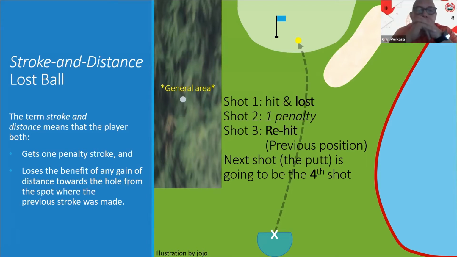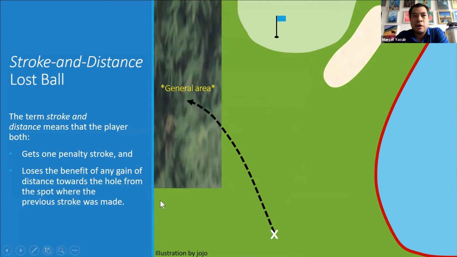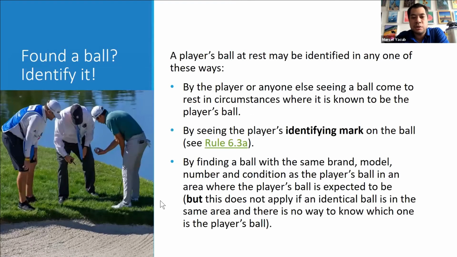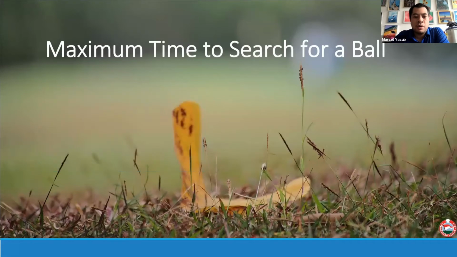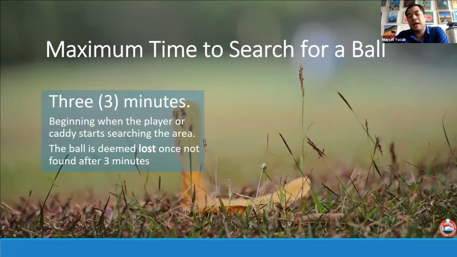Hey, Joe. Yeah, I got a question. I know that you said that the 3 minutes starts when you and your caddy start searching for the ball. So when you start searching, aren't you supposed to time it, or should somebody else time it, or do you just blindly say okay, 3 minutes?